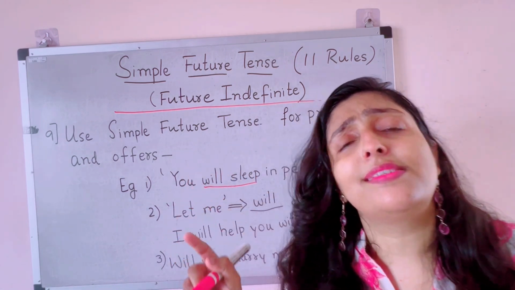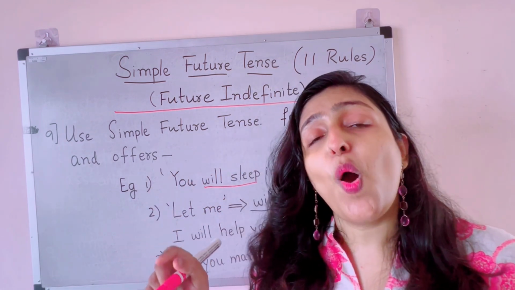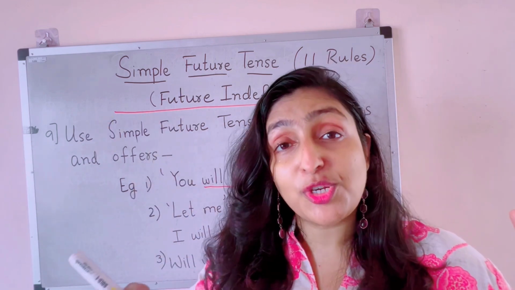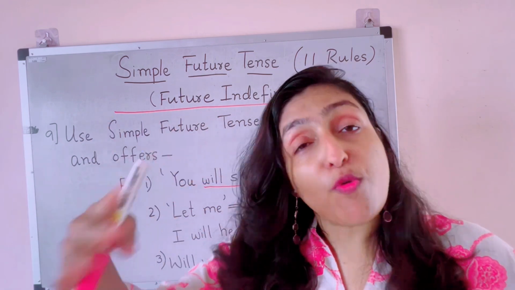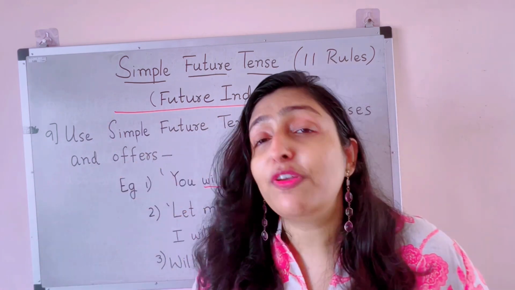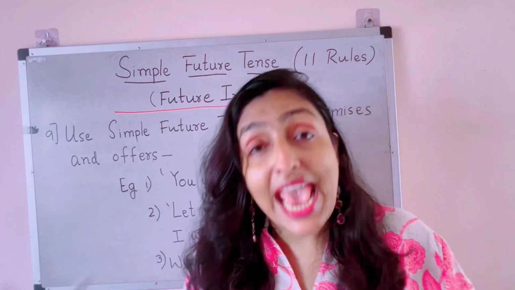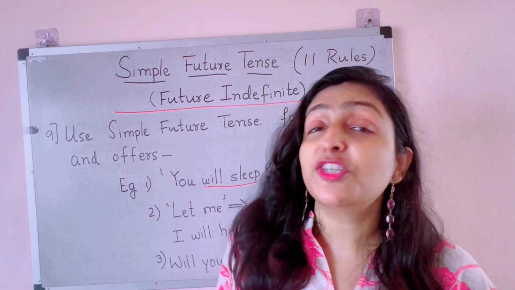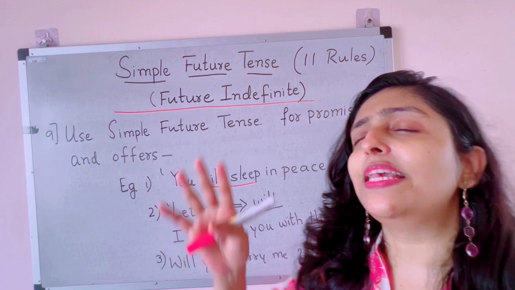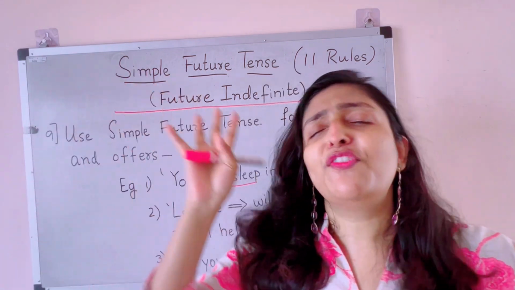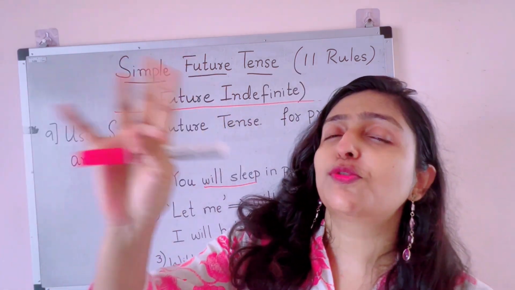Okay, actually this is a caption or an announcement of a promotion or an advertisement of an AC in the Chroma showroom. You will sleep in peace. You will rest in peace on your sofa.